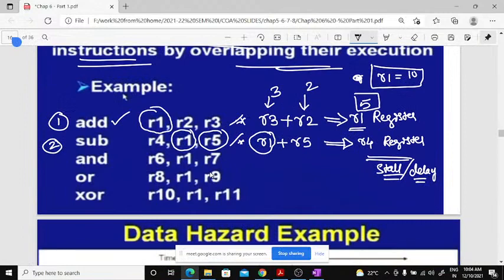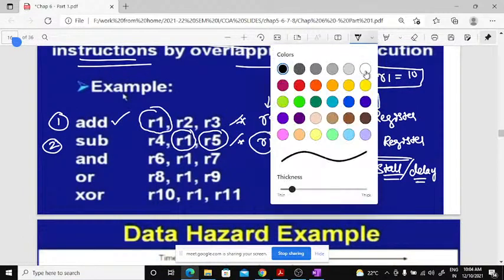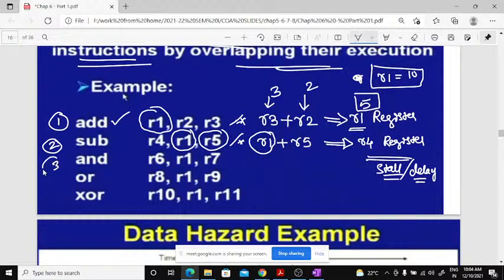And here you can see one more thing, like in the third instruction also. What is that? A logical AND operation. What is the content of R1, content of R7 register, और इसका दोनों का ऑपरेशन क्या होता है, logical AND. ओके, logical AND operation. तो ये जो logical AND होता है, that stores the result in R6 register, okay.